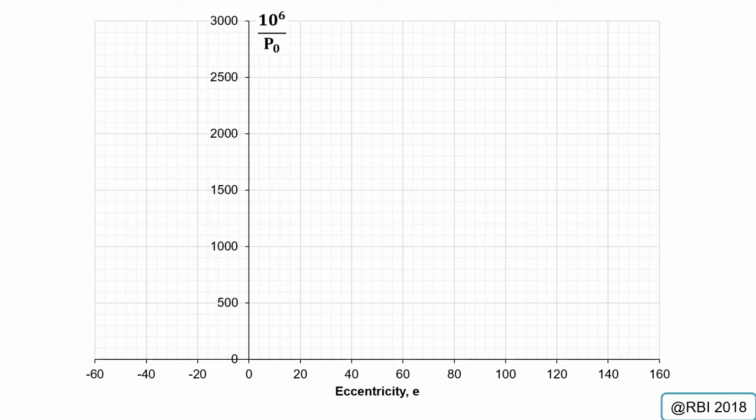The y-axis is for 10 power 6 over P naught, and the x-axis is for the eccentricity range, which you have determined in the table, between minus 16 to 160. It can be any range that you want, as long as you are able to capture the boundary of these four lines. When you have coordinates in the graph paper, you will have four quadrants, right?